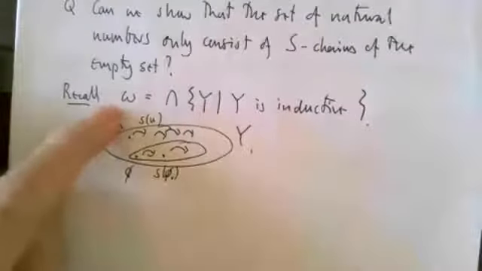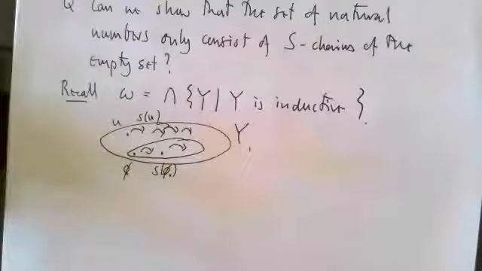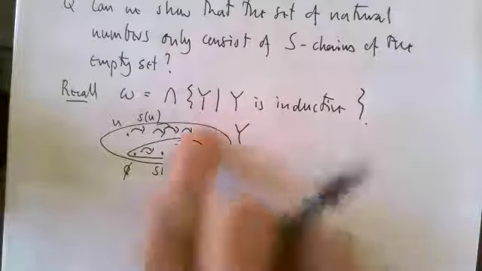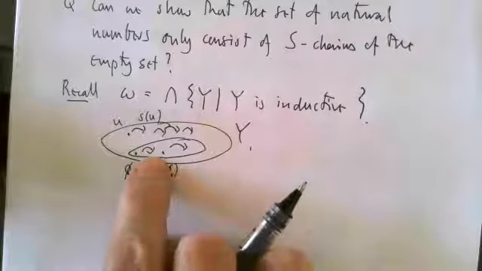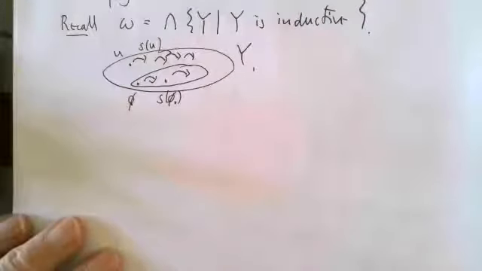And actually, since the intersection, omega, is an inductive set, it means that this here must be omega. So we actually have the answer to the question there in the notes.